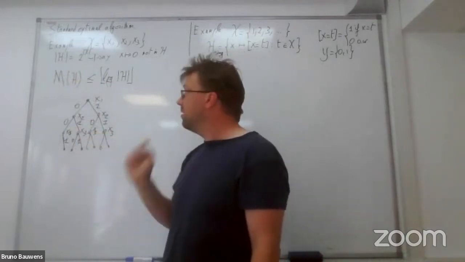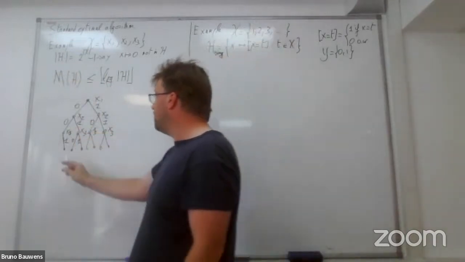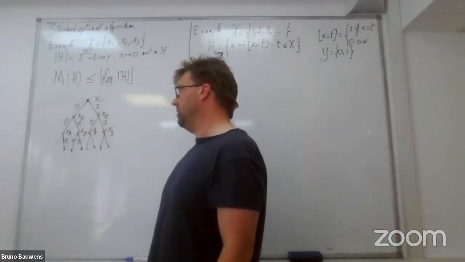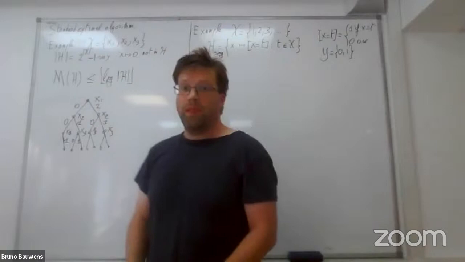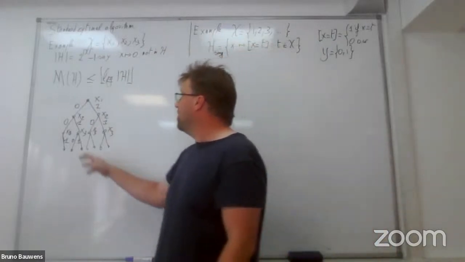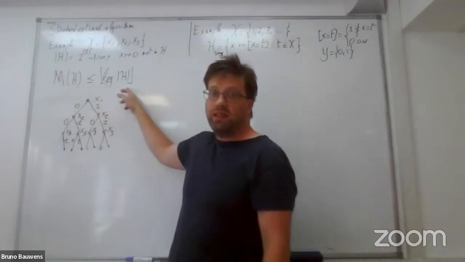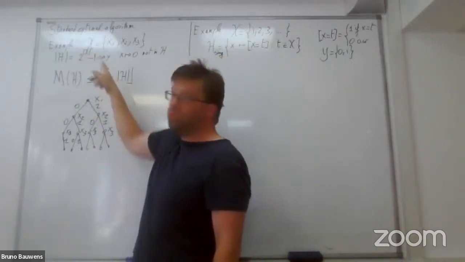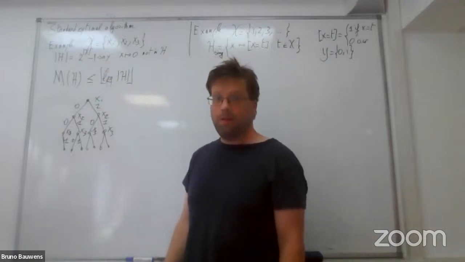All right. And we see every leaf corresponds to one function in H. And so we said that the halving algorithm will make two mistakes in this case, because the size of H is 1 less than 2 to the power of the size of X.